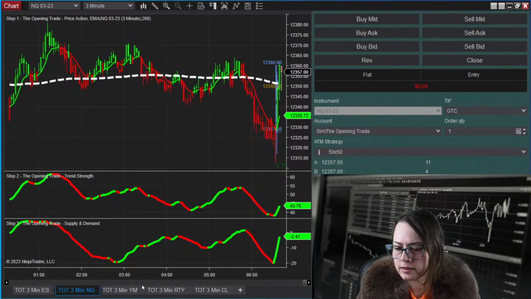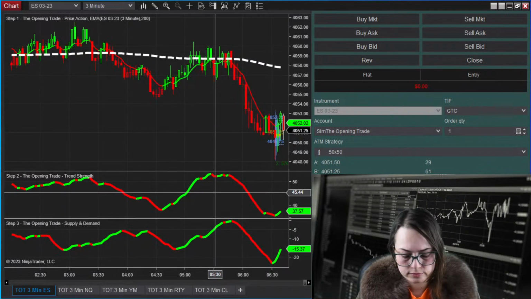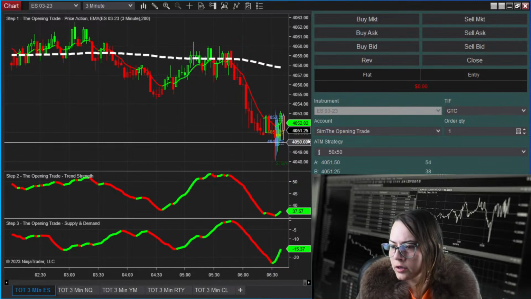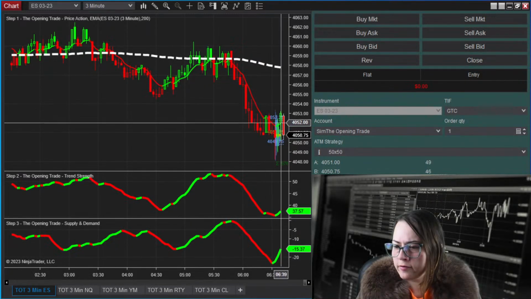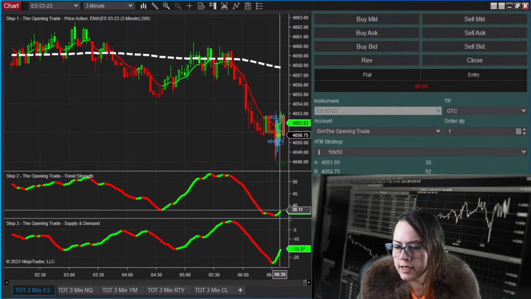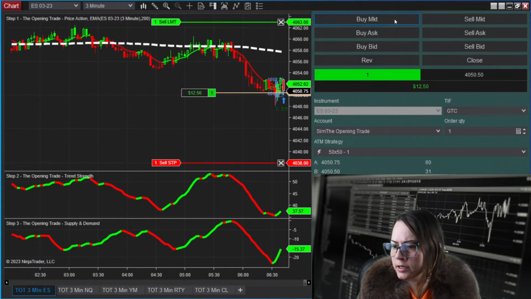Here's the NASDAQ. So we have an indicator of green, so we're going to buy market order here.